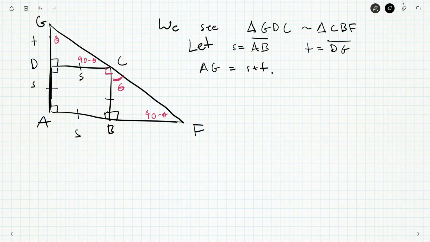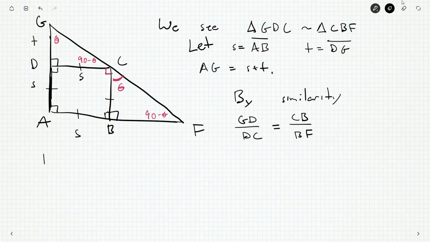Well, we have an S down here, so by similarity, GD over DC is the same as CB over BF.